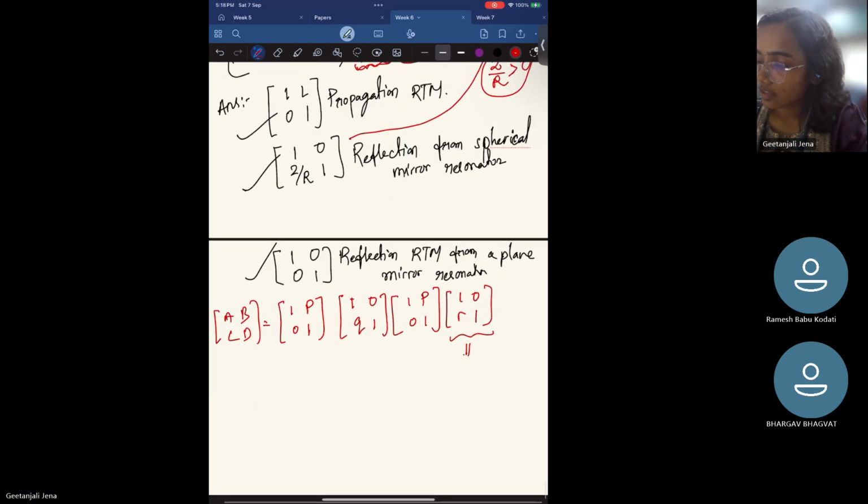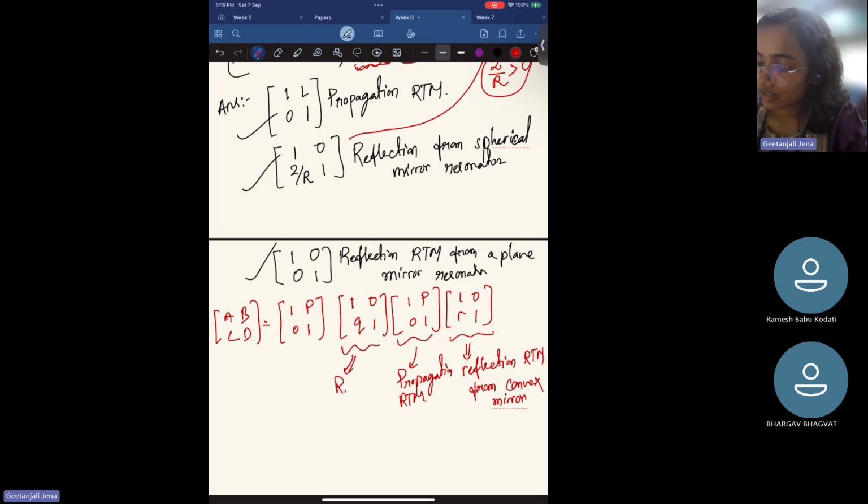This one is the reflection RTM from the convex mirror, this is a propagation RTM, and this is the reflection RTM for the concave mirror, and this is again the propagation RTM.